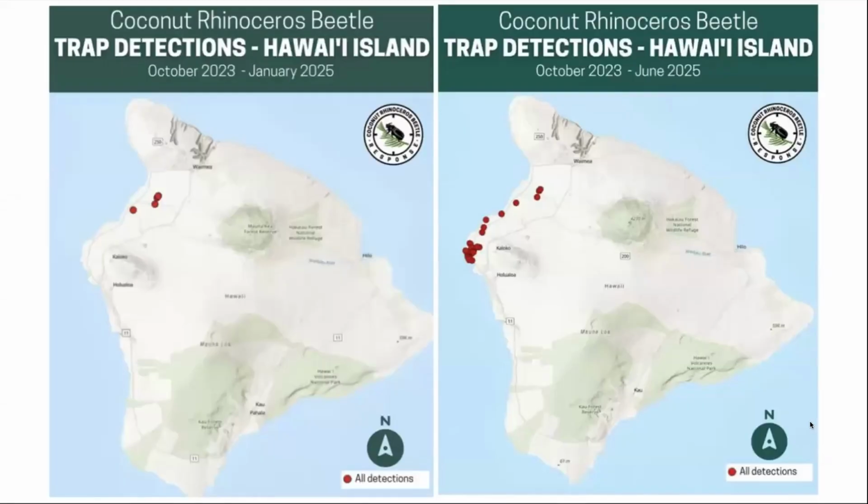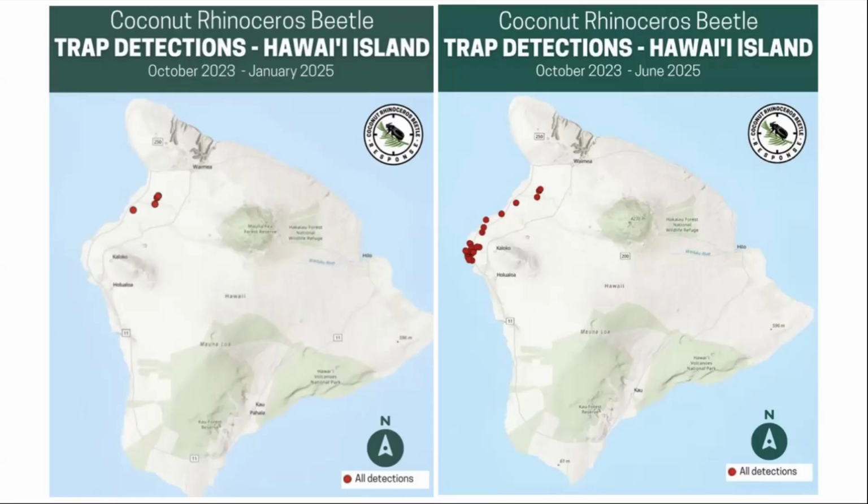So these are two very sobering figures provided by the Hawaii CRB response, where the picture on the left shows CRB detections on Hawaii Island between October 2023 and January 2025. It shows a pretty local outbreak over Waikoloa.